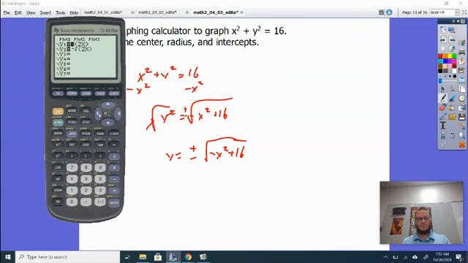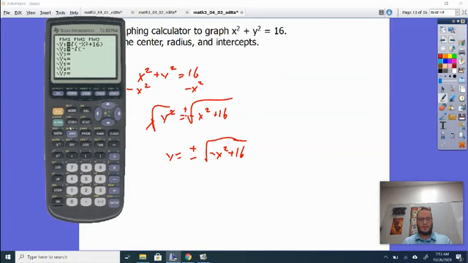Okay, so I'm going to do the square root of negative x squared plus 16. And let's go ahead and just do the negative at the same time. Negative square root of negative x squared plus 16.